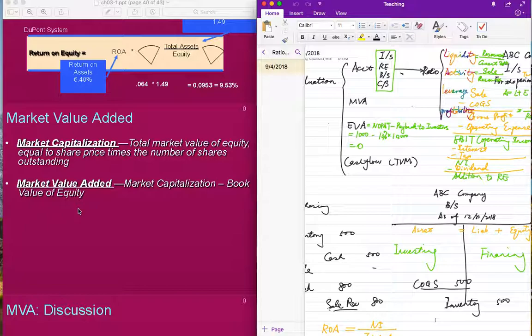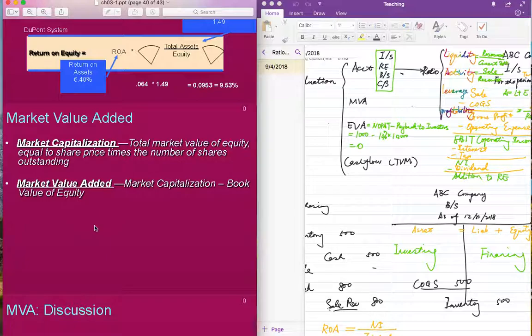So what's the difference? Does the market pay a premium or a discount to your firm? If the market price is greater than the book value of your shares, of course, that shows the market pays you a premium. If less than book value, the market pays you a discount.